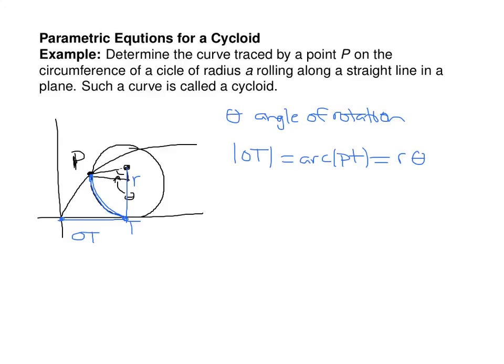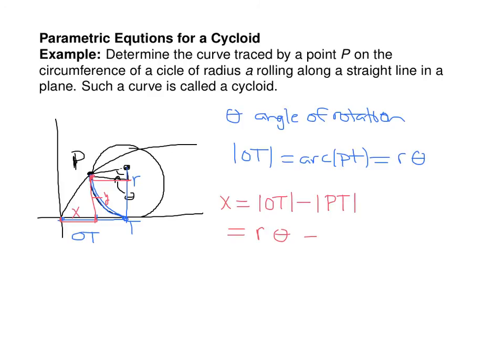Alright, now what we want to do is figure out the x-coordinate of that point P and the y-coordinate of that point P. And the x-coordinate of that point P will be given by the length of OT minus the length of, we'll say, PT. And we already know that OT is r theta.